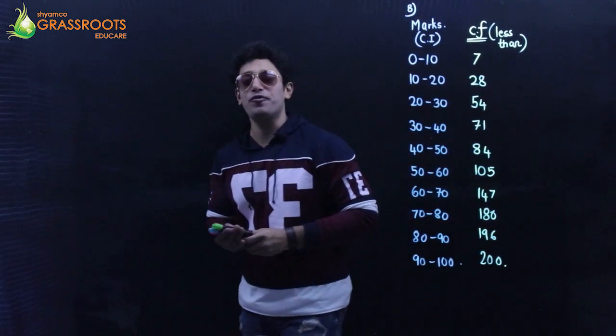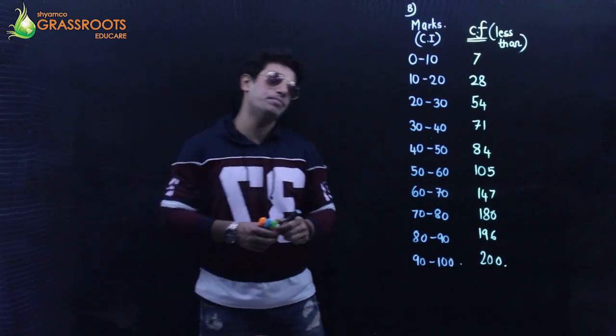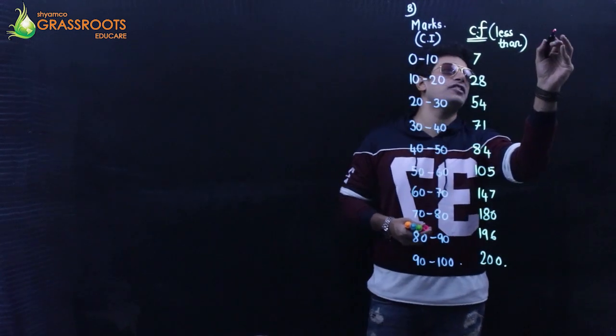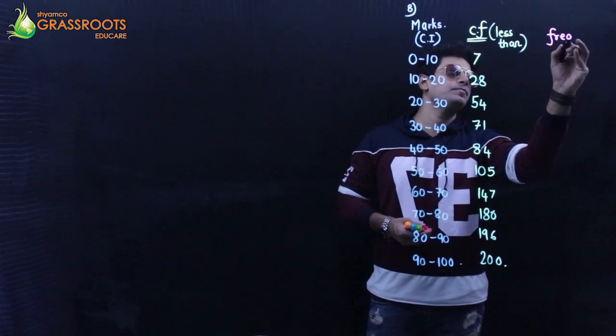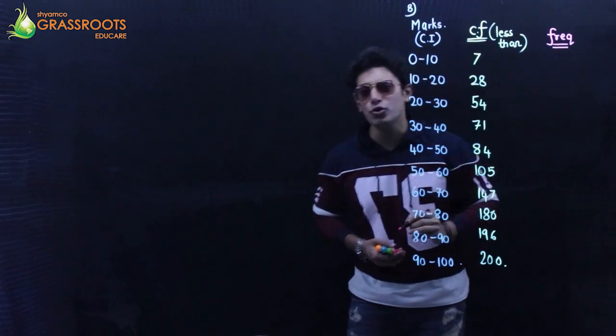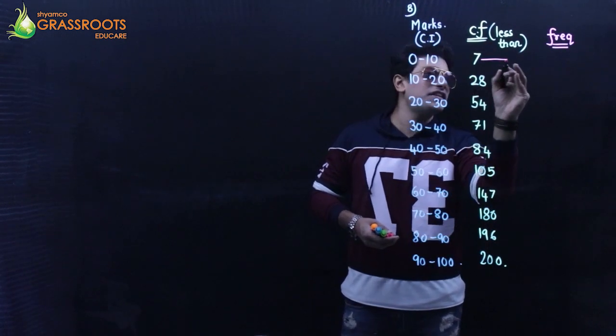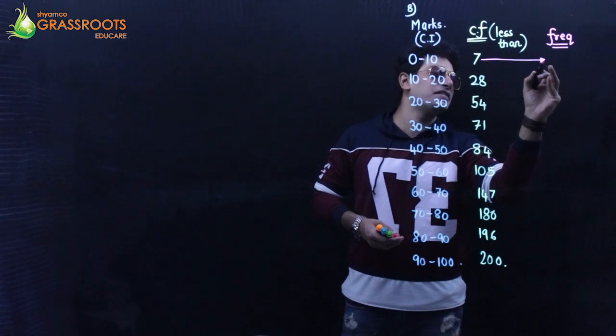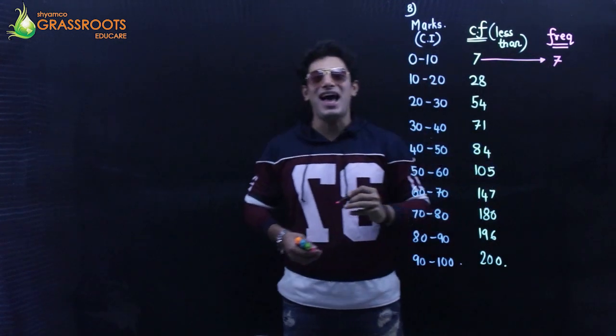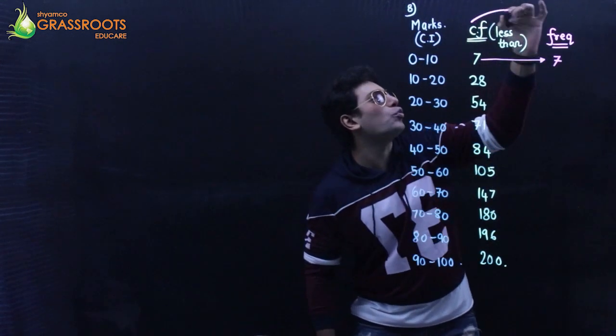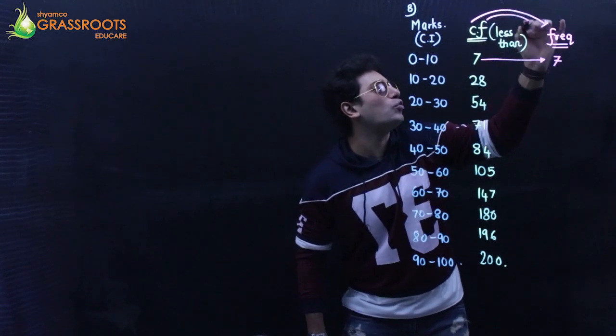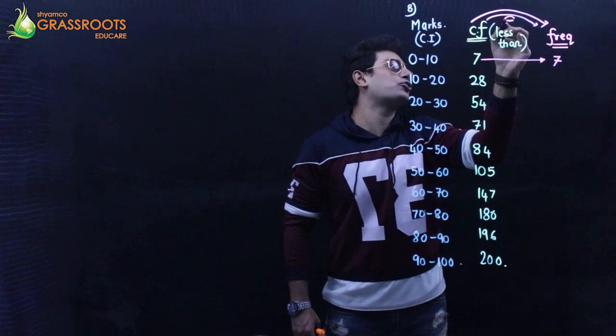We need to prepare a frequency distribution table. That means we need to prepare the frequency. How to do that? First, trace down the element as it is, 7. Now, from CF to F, we do subtraction.